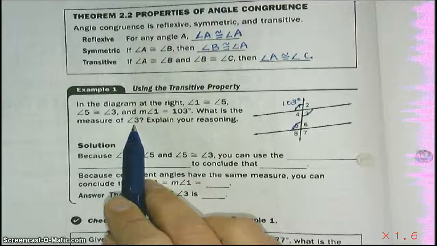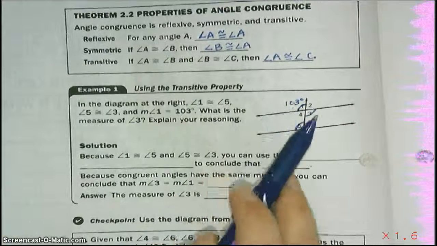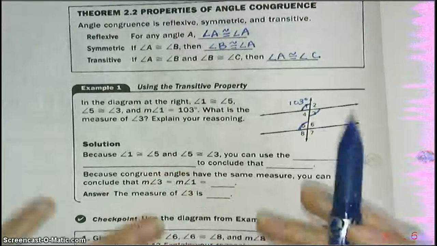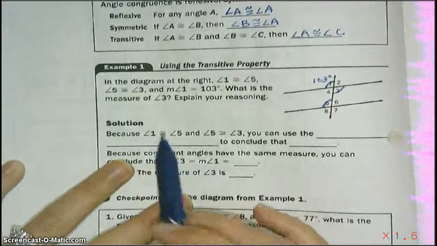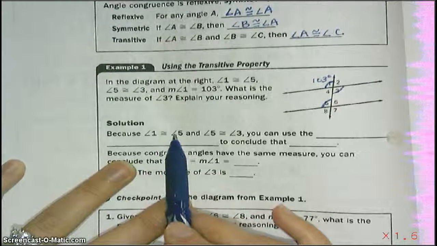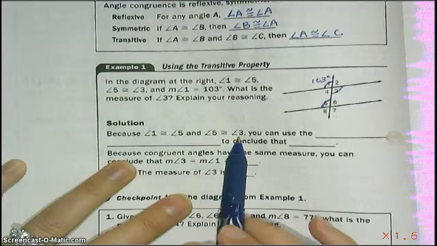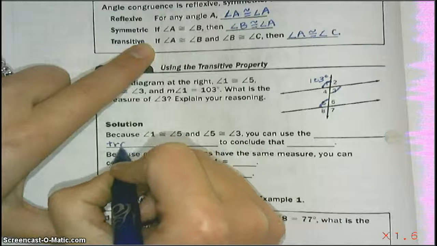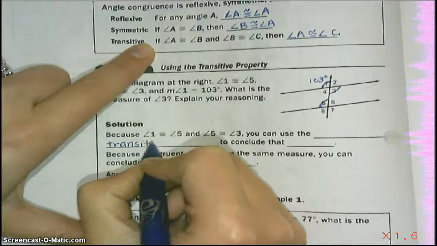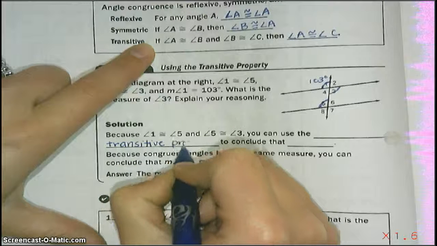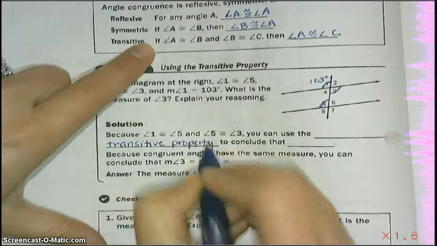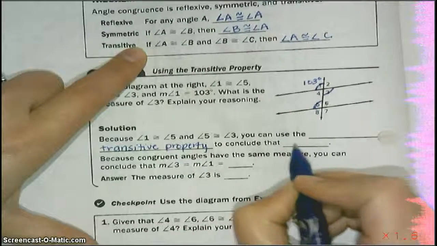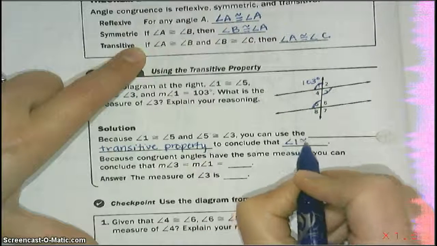You guys might already know that angle 1 and angle 3 are vertical angles, and therefore they're equal, but they're going to go about this in a little bit different way. They say because angle 1 is congruent to angle 5 and angle 5 is congruent to angle 3, using the transitive property, we can conclude, again, get rid of the middleman, that angle 1 is going to be congruent to angle 3.